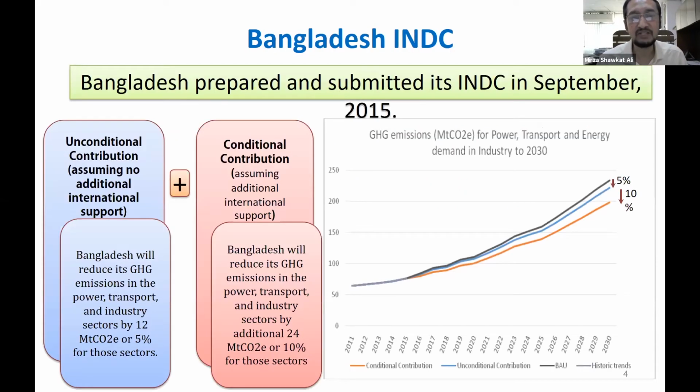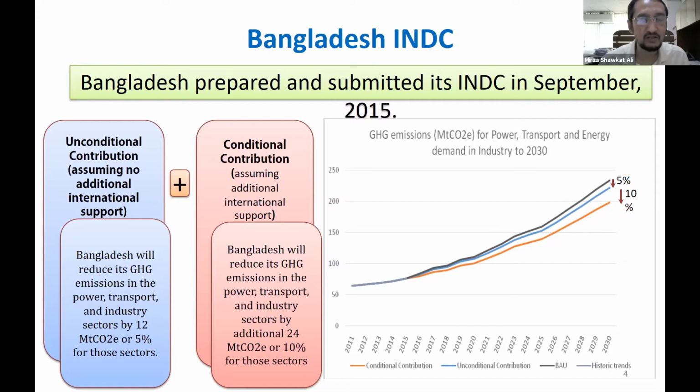As you can see from this slide, we have both unconditional and conditional contribution in our NDC. In case of unconditional contribution, we considered that from our business as usual case. You can see this from the graph as well.